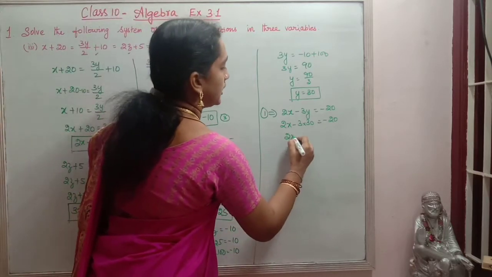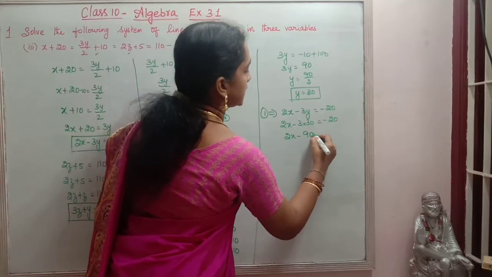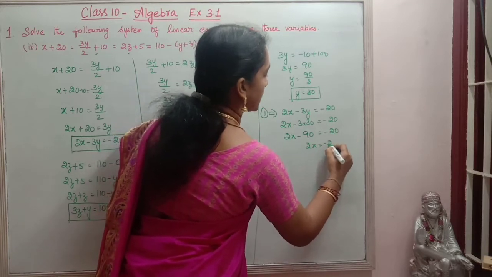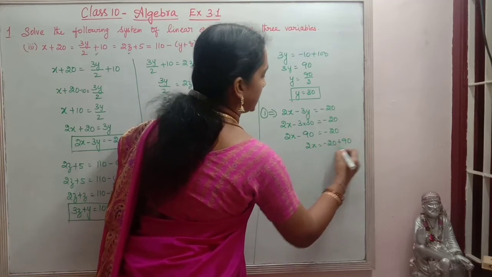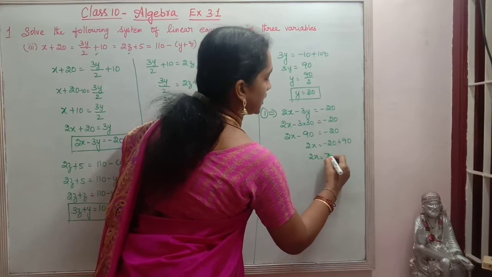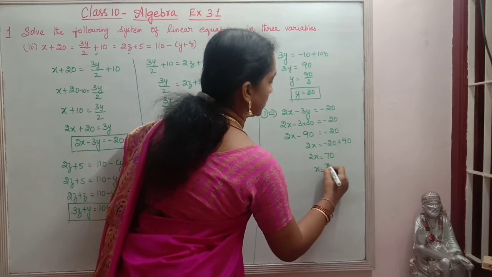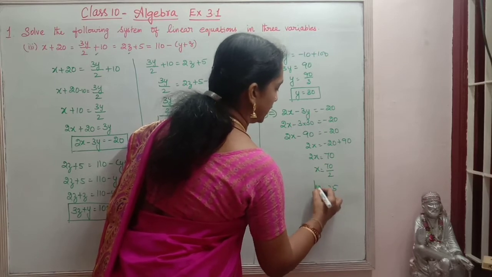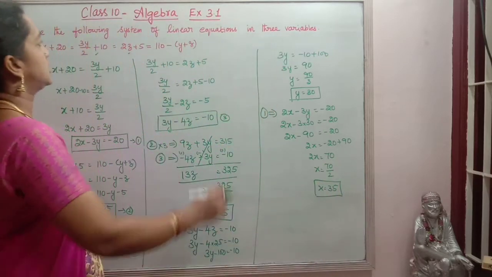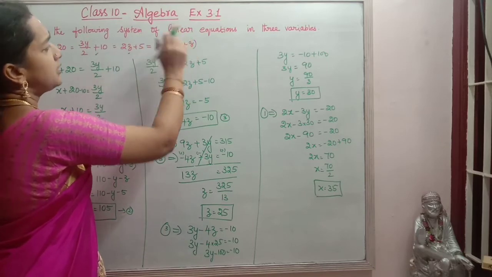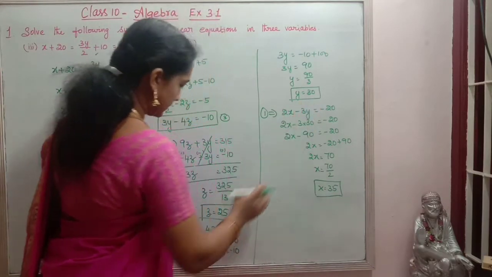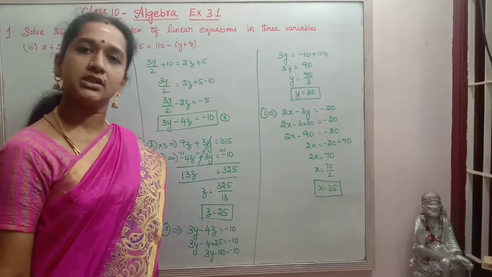So 2x minus 90 is equal to minus 20. 2x is equal to minus 20 plus 90. 2x is equal to 70. x is equal to 70 by 2. So the x value is 35. We are asked to find the values of x, y, z. So x is 35, y is 30 and z value is 25.